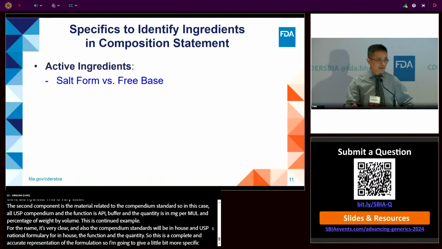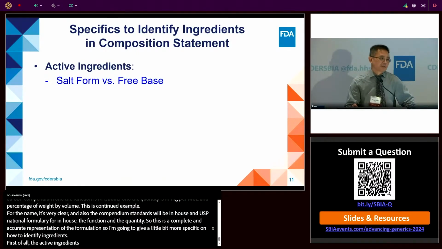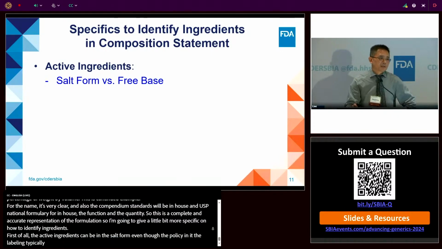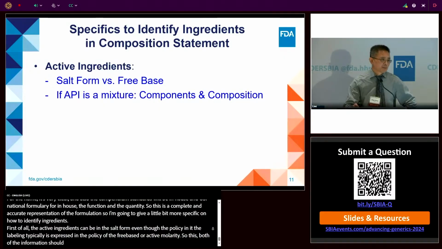First of all, the active ingredients can be in salt form, even though the potency in the labeling is typically expressed as the potency of the free base or active moiety. So both pieces of information should be clarified in the composition statement.